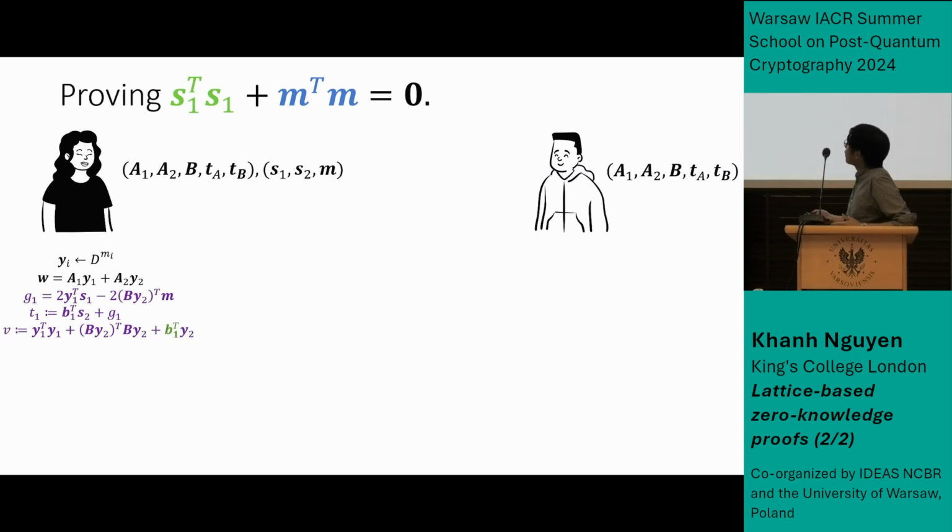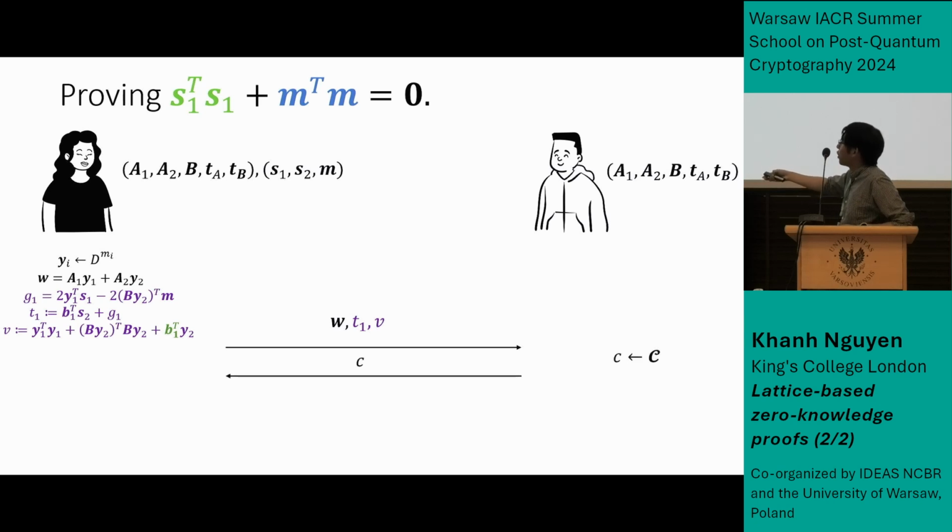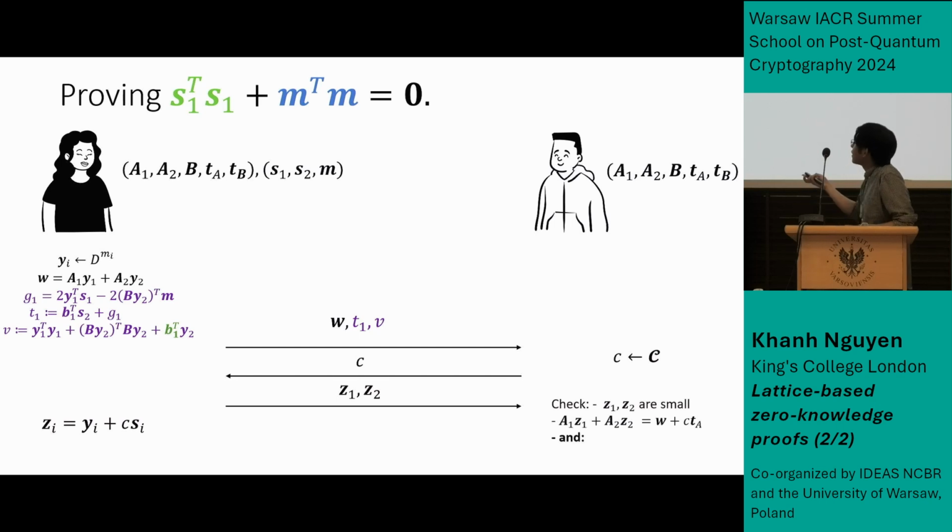So to summarize, we have this 3-round protocol where we have the opening proof, just like before. Then we have some ugly terms. So I commit to G1, then I have this G0 plus some term, independent of C. So I can send W, T1, and V. I get a C, and I output the ZIs, just like before, and rejection sampling.